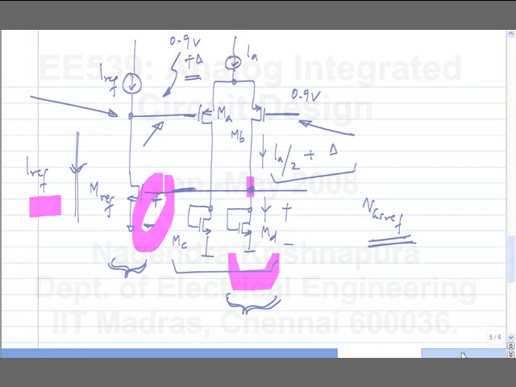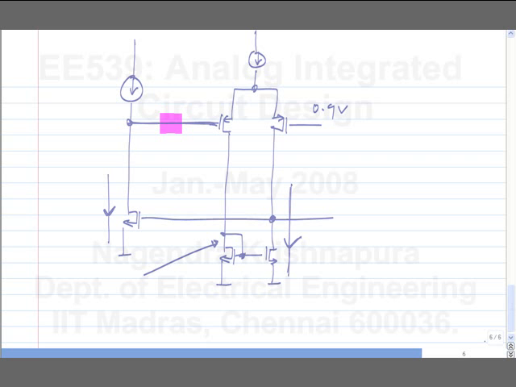Now in this case what happens? You need to have VGS ref at this node. But left to itself, in the absence of random mismatch, it will go to this VGS, VGSC. So what will be the systematic offset referred to this point? This should go to VGS ref, but it has a tendency to go to VGSC.